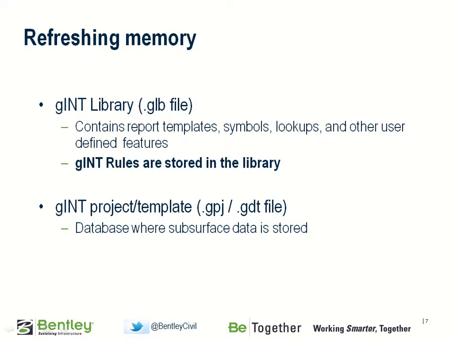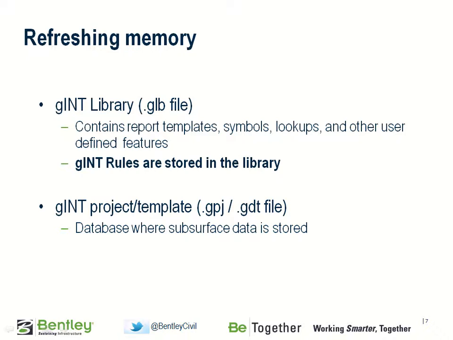So let's just refresh our memory. The gINT library, or so-called GLB file, contains report templates, symbols, lookups, and other user-defined features. And most importantly, for this class, gINT rules are stored in the library. And then the other very important file is the gINT project/template.